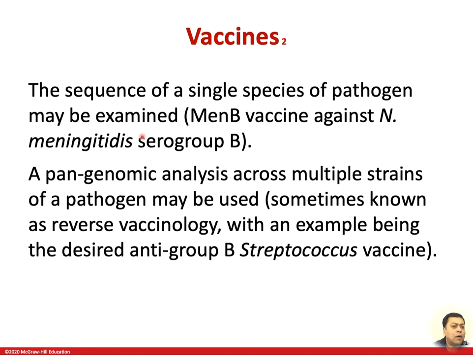So the problem is that if you have a vaccine against that, the immune cells would recognize that serogroup B vaccine and will also attack the polysaccharides found on your own cells. And this will trigger an autoimmunity disorder. So you do not want that. That was the reason that this particular serogroup B vaccine was not available for a long time.